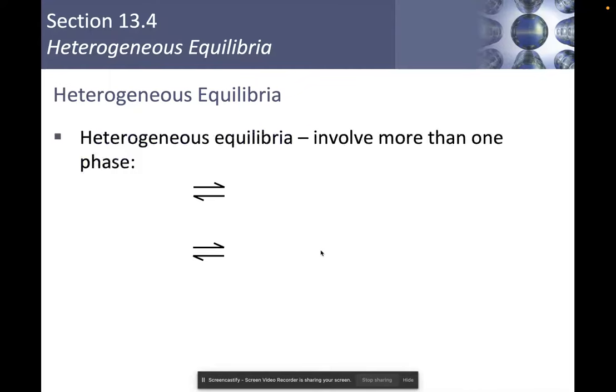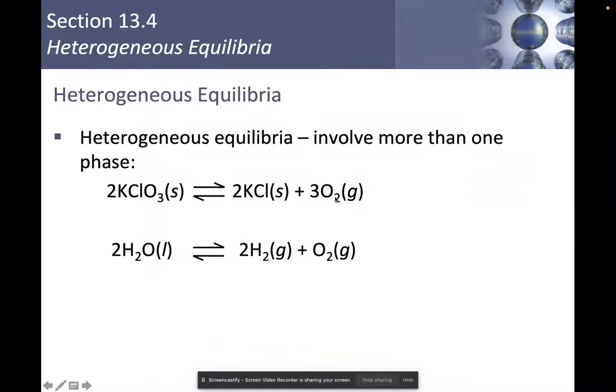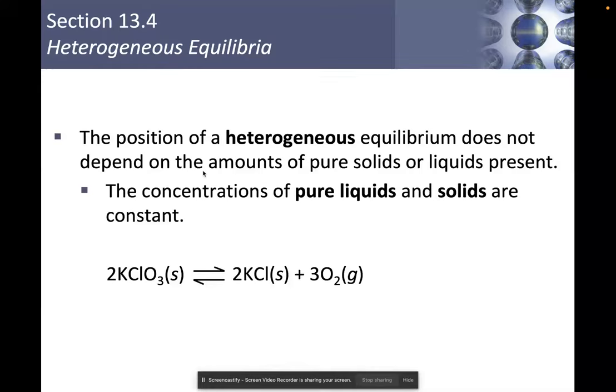Now, a heterogeneous equilibrium means that I have more than one phase. That could be solids and gases, or it could be liquids and gases. Those would be examples of heterogeneous. Hetero meaning different. So why is it important to know the difference between a heterogeneous equilibrium and a homogeneous equilibrium?